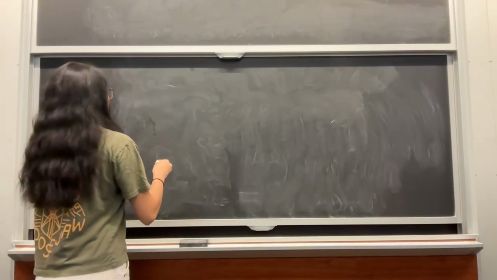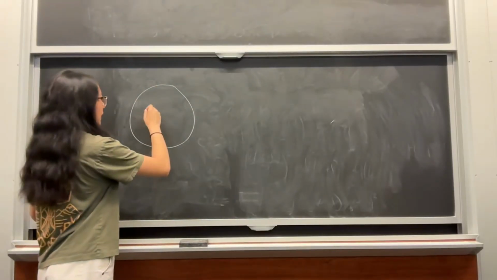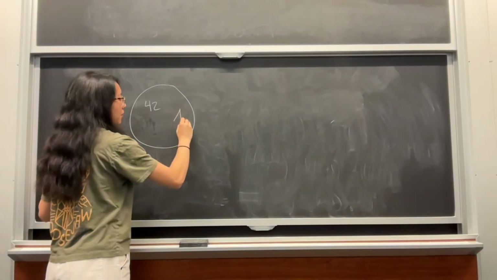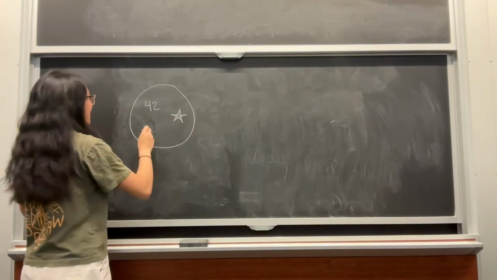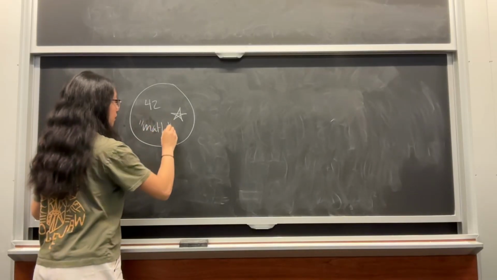And there are lots of different ways to represent a set. One pretty simple way is just by drawing a circle and filling it with things. So let's put in the number 42. I'm going to put a star in, and how about the word math?